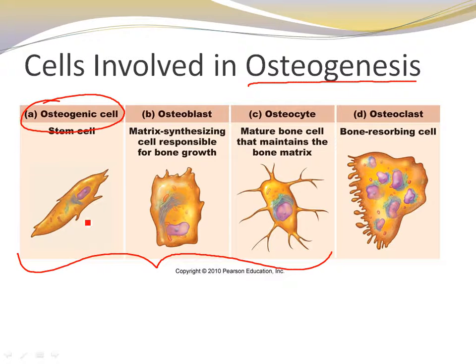Now, some of these cells, as needed, specialize. They convert into cells called osteoblasts. So they change their shape, they start manufacturing different things that they need to make in order to produce bony matrix, and they become osteoblasts.